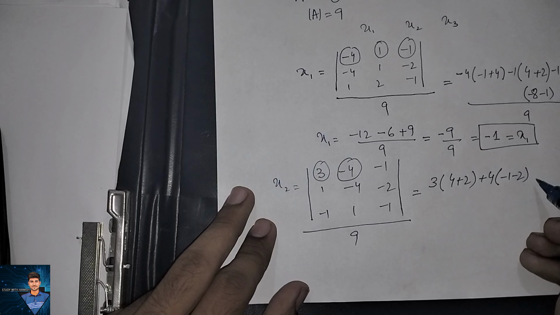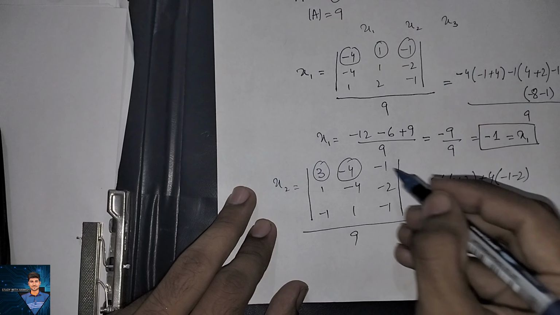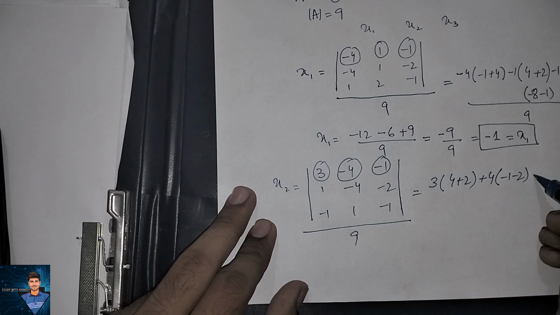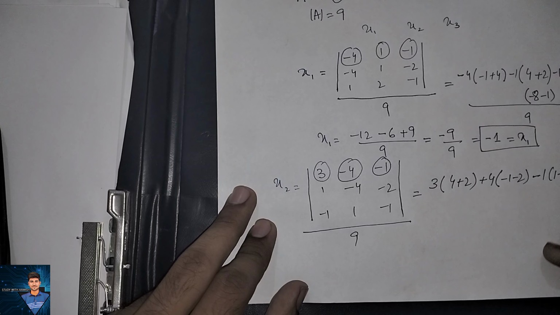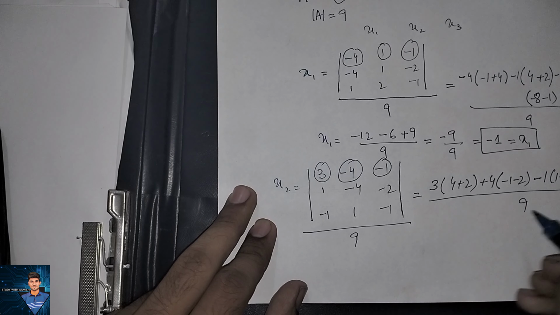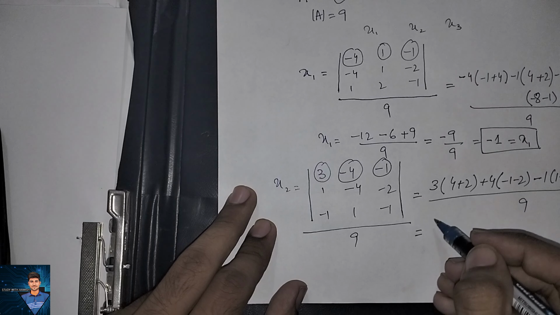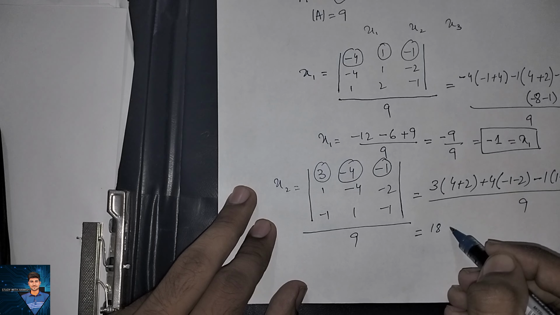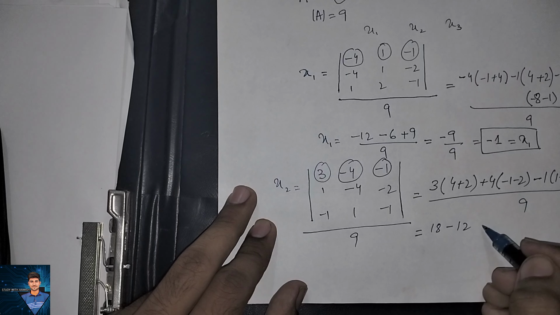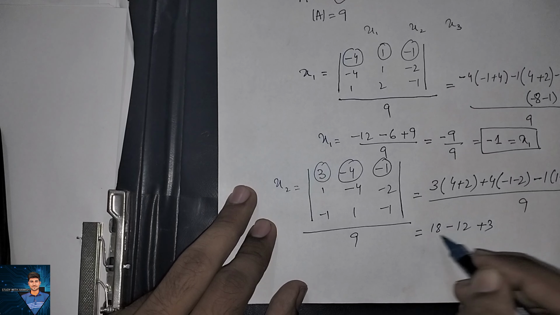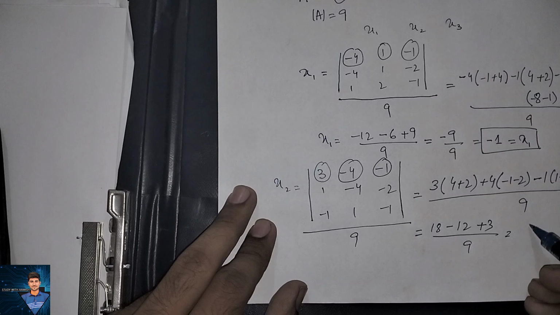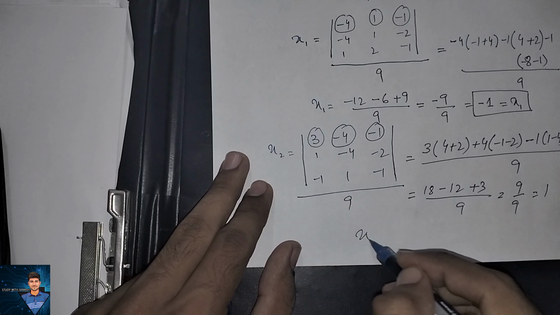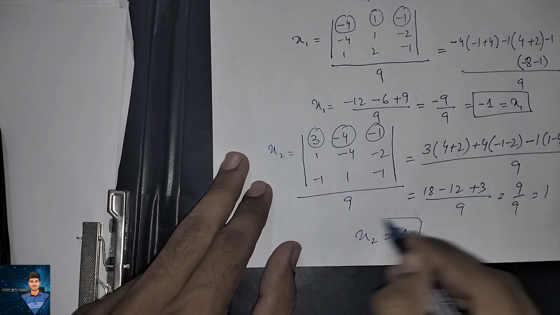I am doing it fast because it will be time consuming. -1, and we will ignore this one, and -1 by 4 divided by 9, and it will provide us 6 into 3 18 minus 12 plus 3 divided by 9, and the answer will be 9 upon 9 equals 1. So the value of x2 will be 1.